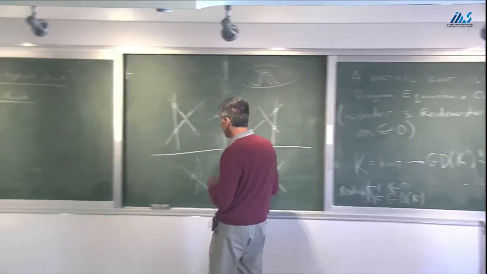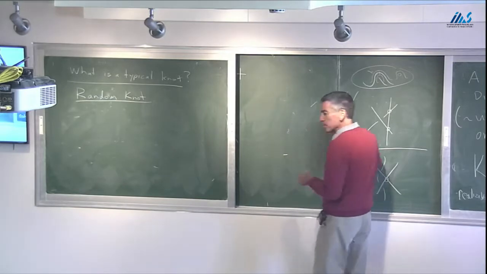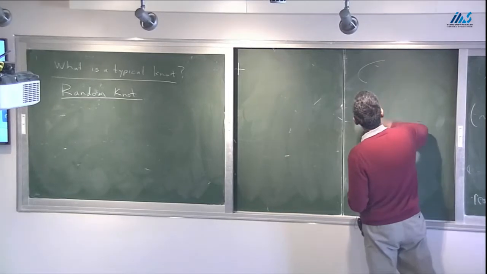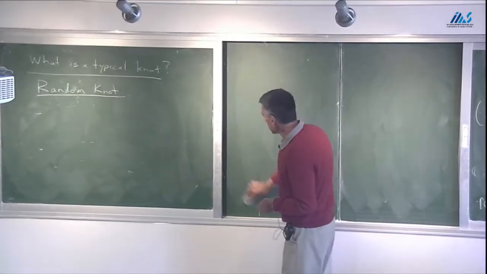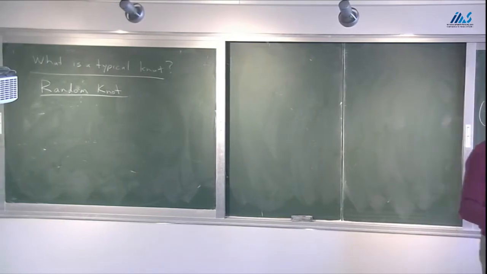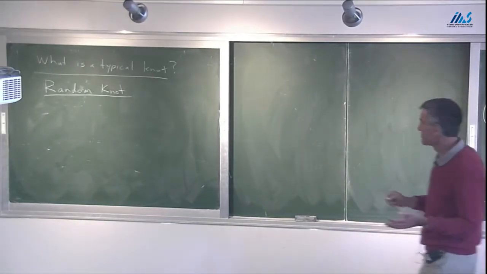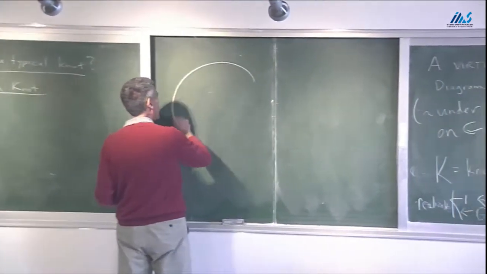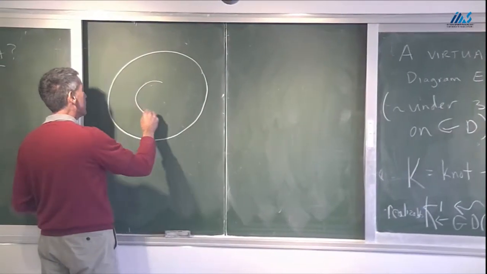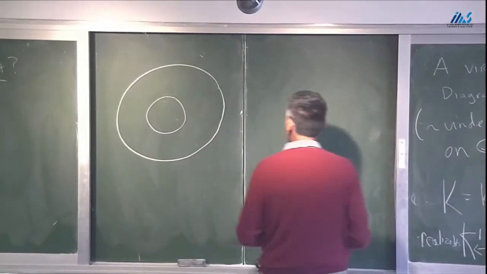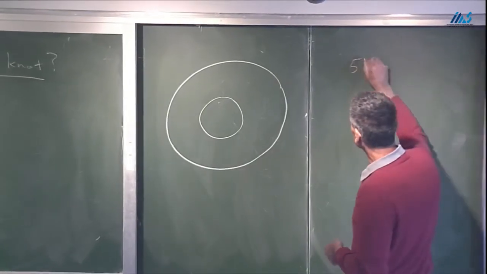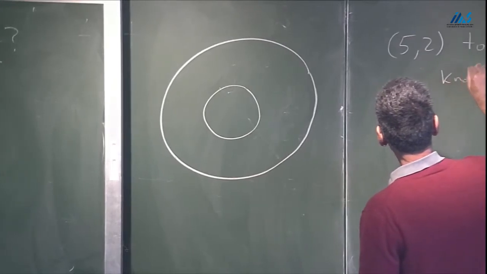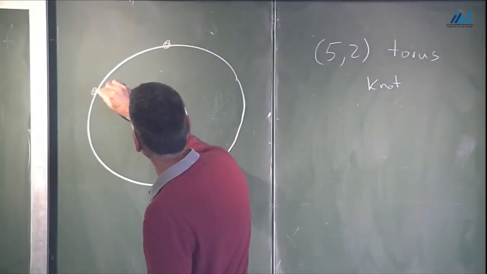Oh, let me, so Abby told me there's one thing I have to do, which is, when your friends ask you about knot theory, you have to be able to at least draw one knot. You have to draw some interesting knots so that you can impress them. So let me show you how to draw a complicated torus knot. Let's say we want to draw a 5-2 torus knot. You draw two circles, one inside the other, and then you take 5 equally spaced points around the outside.